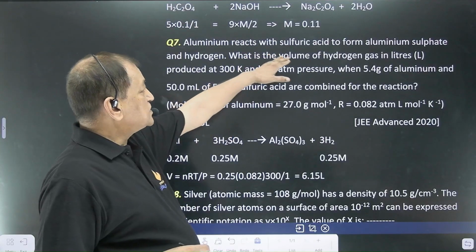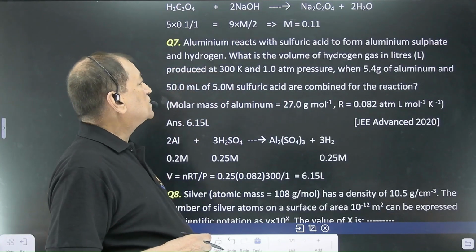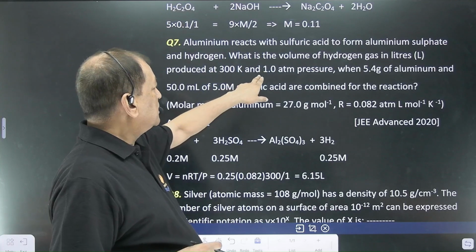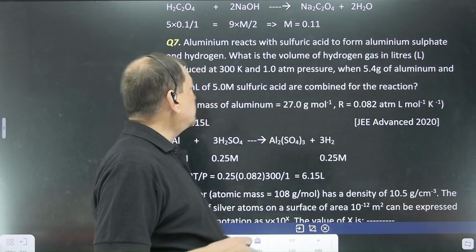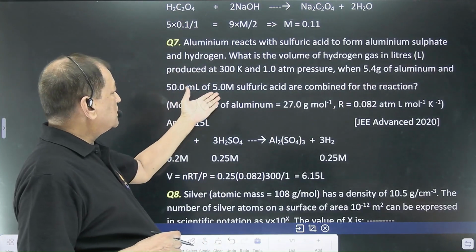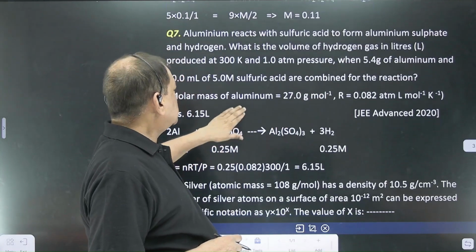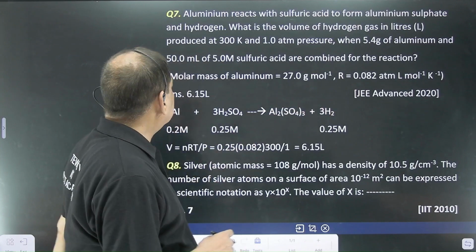Aluminium reacts with sulfuric acid to form aluminium sulfate and hydrogen. What is the volume of hydrogen gas in liters produced at 300 K and 1 atmospheric pressure when 5.4 gram of aluminium and 50 ml of 5 molar sulfuric acid are combined for the reaction? So the molar mass of aluminium, R, and all these are given.